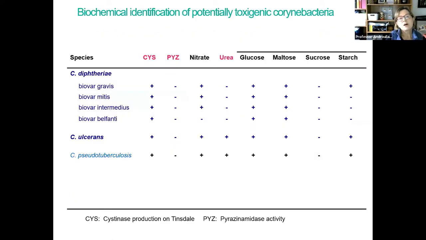And this is a table showing the biochemical identification of pathogenic corynebacteria. The main screening tests, I would say the important initial culture tests, are cystinase, PYZ, and urea. C. diphtheriae, all the potentially toxigenic strains, are always cystinase positive and PYZ negative. So these two tests are very important.